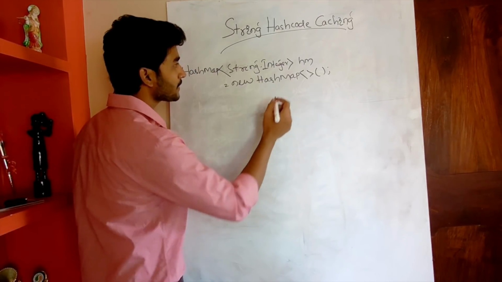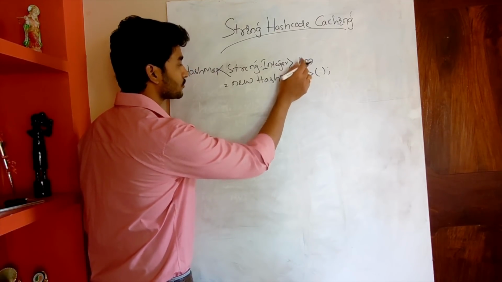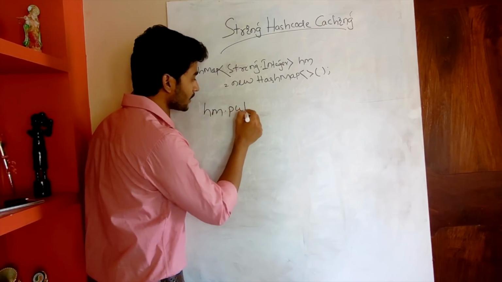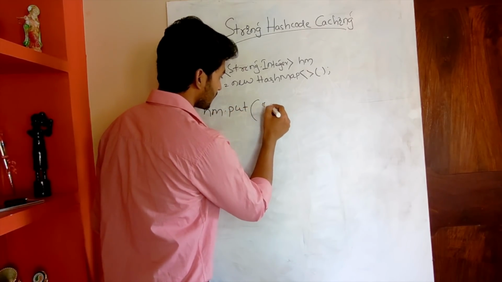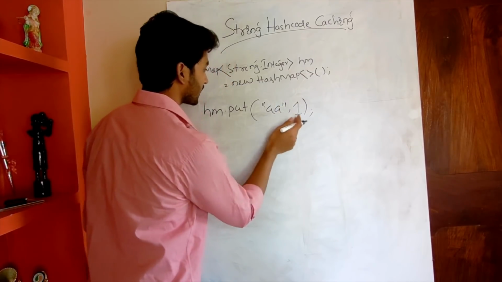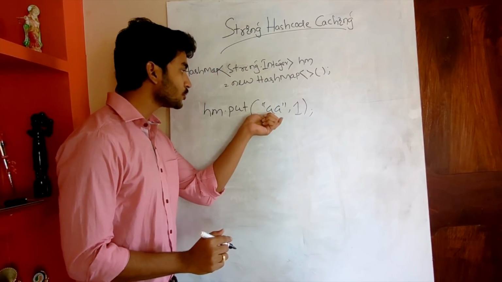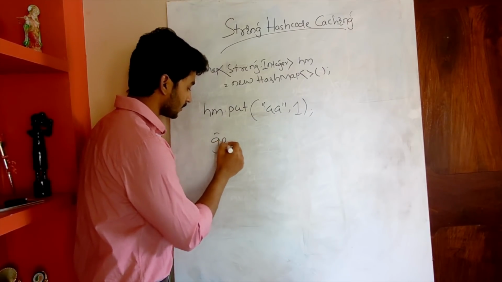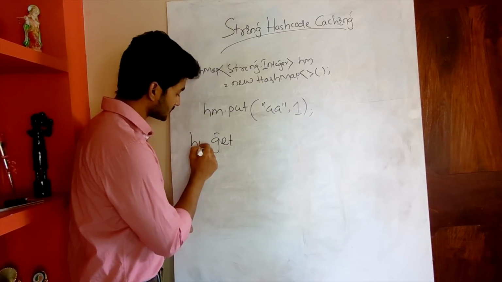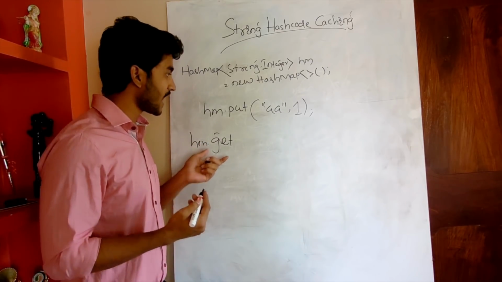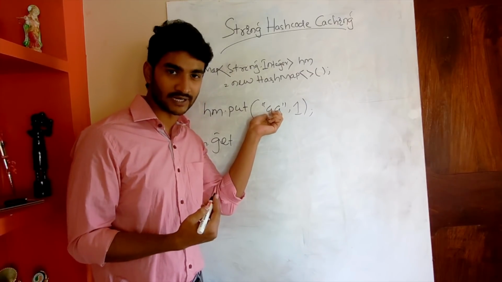Now think, if I'm trying to put any object into my map, if I do hm.put with, let's say, AA and 1 as my key value pair, or even if I'm doing any get operation over this map object hm, the hash code for the key is going to be calculated.